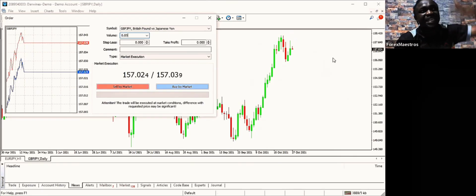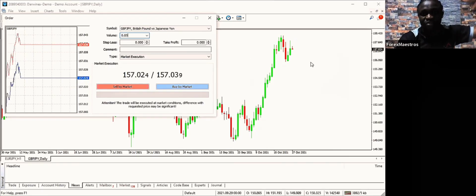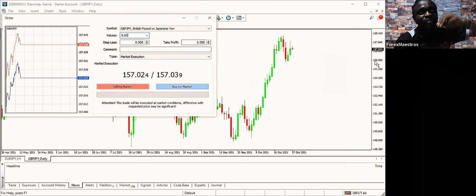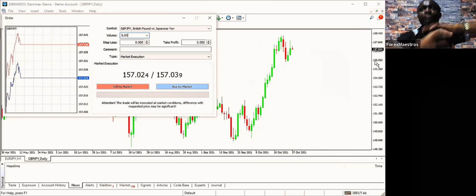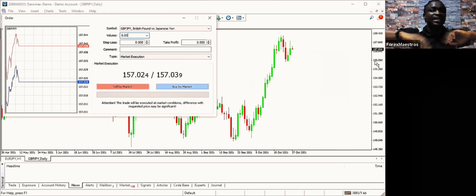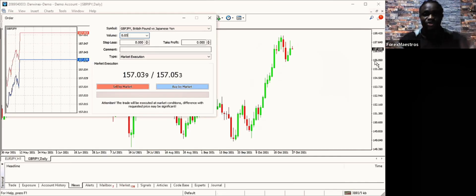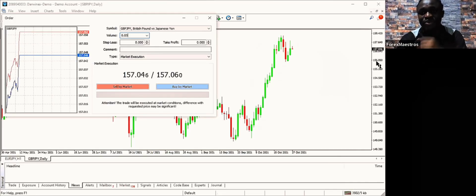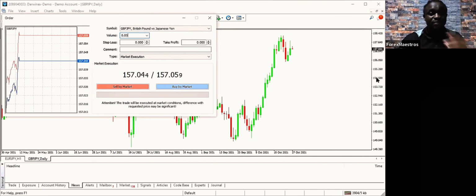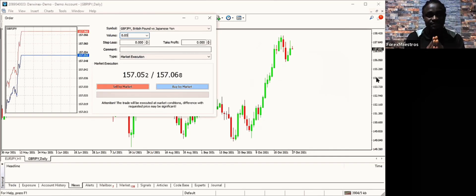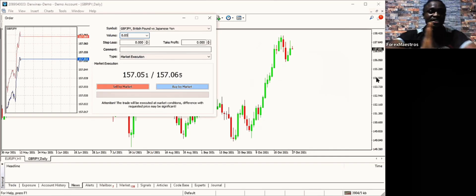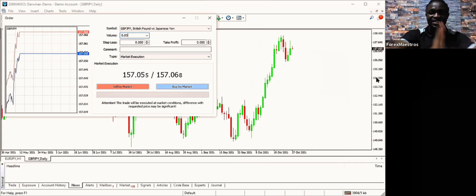So you set your take profit there. When you set take profit, you're saying price will get here, and if it does, I'm okay with that profit. So when price gets to 156.060, it takes you out, keeps your profit for you, and closes your trade automatically. That is what your stop loss and take profit is about.